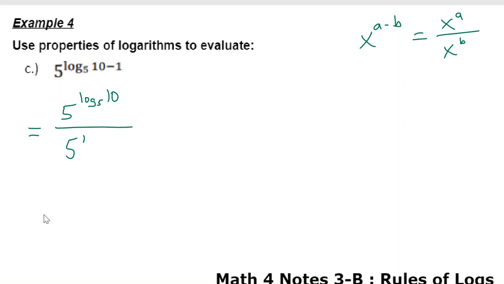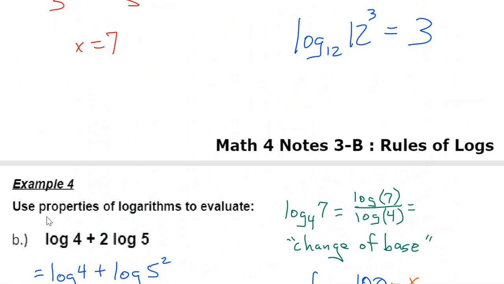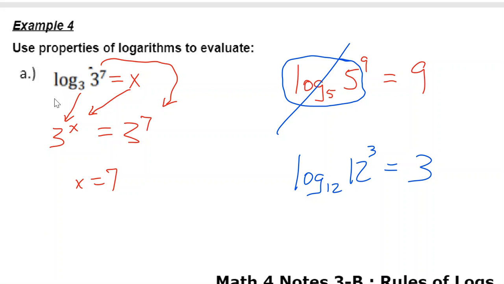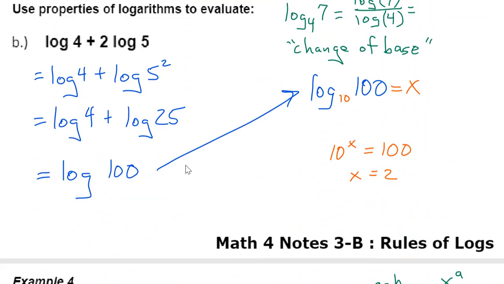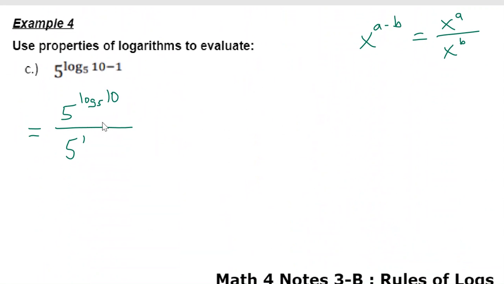Now, remember up here when we said that the log base 3 of 3 cancels everything out and just leaves us with a 7? The same kind of thing actually happens when you have a 5 base that is raised to the exponent of log base 5. They have a tendency of canceling each other out.